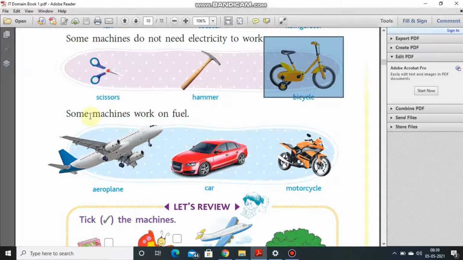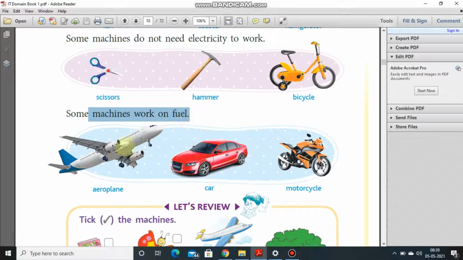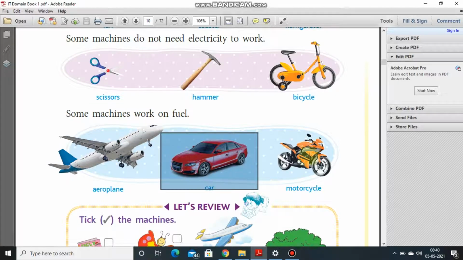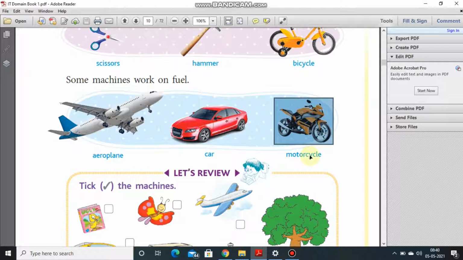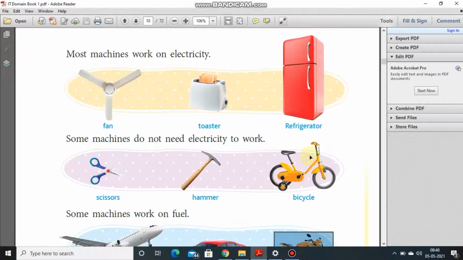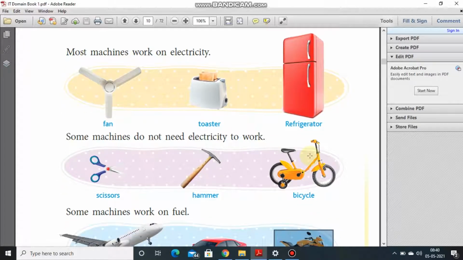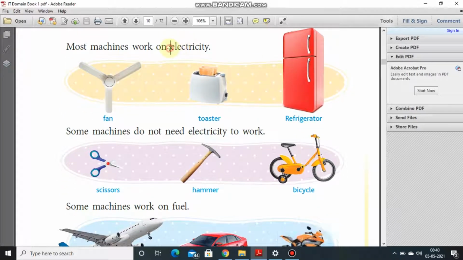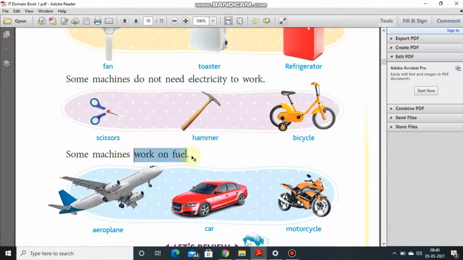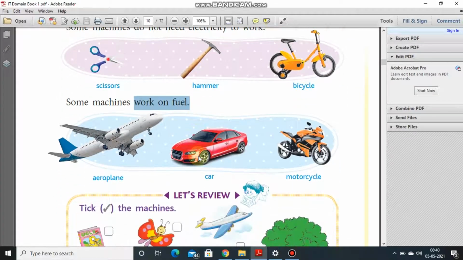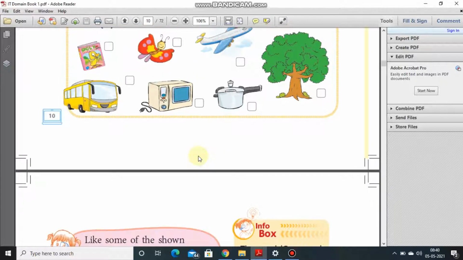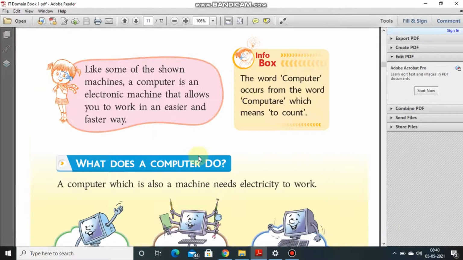Similarly, machines which work on fuel, like petrol or diesel, like your car or motorbikes, run on fuel. So machines require different power sources. Some require electricity, some do not, and some require fuel. Okay, now let's move ahead with today's chapter.